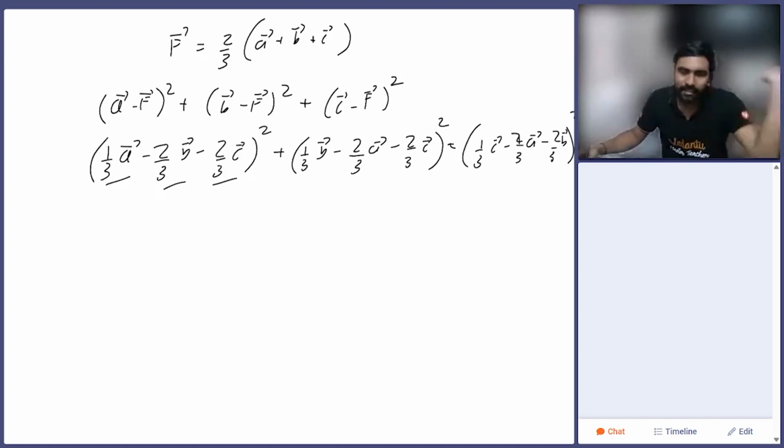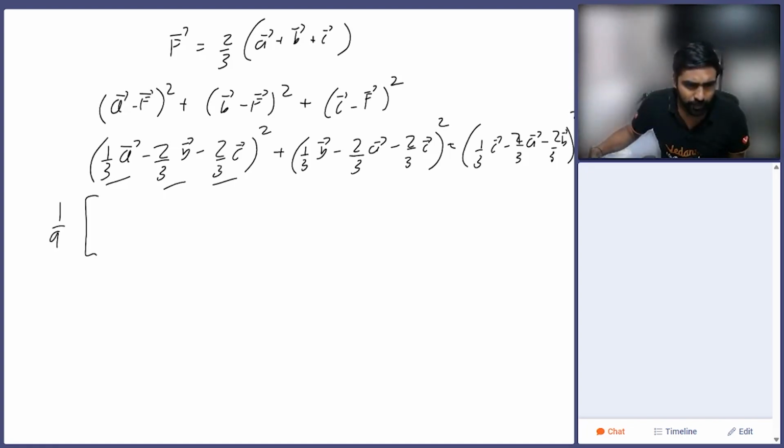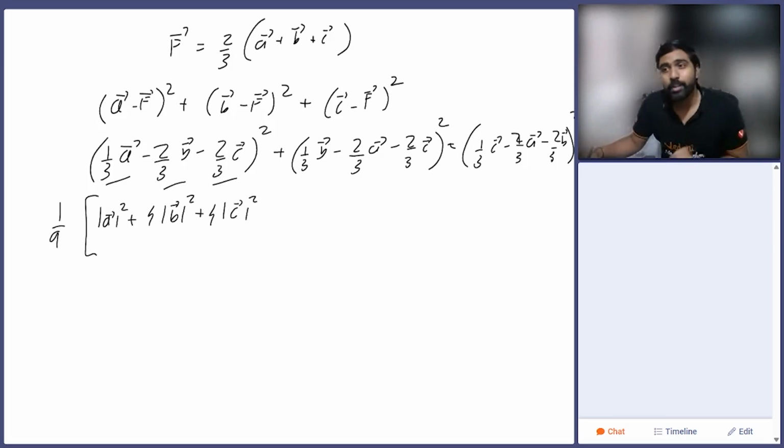First of all, let's take the square of 3, 1 by 9, outside. And what will I get inside? I will get magnitude A square, then minus 2B dotted with itself, that's 4 magnitude B square, plus 4 times magnitude C square. And then what else will I have? I will have 2 times A dot minus 2C, then 2 times minus 2B dot minus 2C, then 2 times A dot minus 2B.